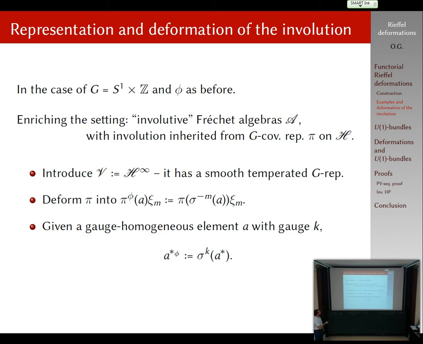Actually that's the main point in this deformation of the involution. What you have is an involution which is defined and which only depends on the grading of the element A, and doesn't depend on the grading of the element H. So that's a phenomenon which we can see on S1.